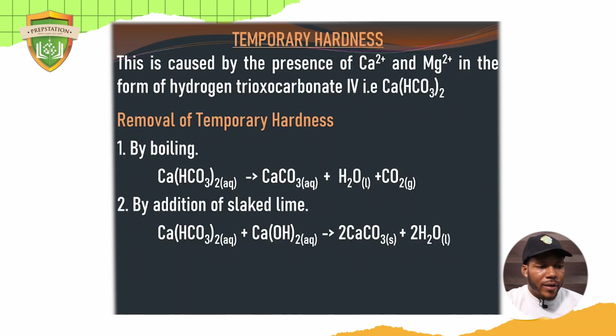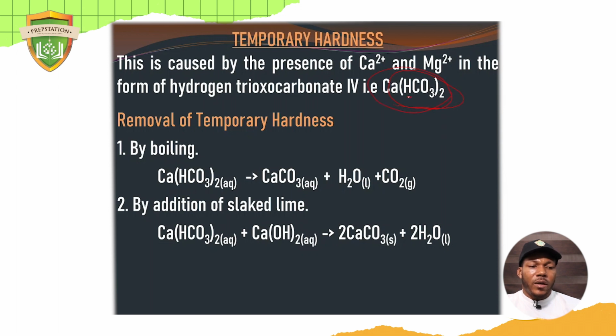Now we have two types of hardness: temporary and permanent. This is another exam question. What causes temporary hardness? Temporary hardness is caused by the ions of magnesium and calcium in the form of bicarbonate, HCO3. In temporary hardness, this H must be there.